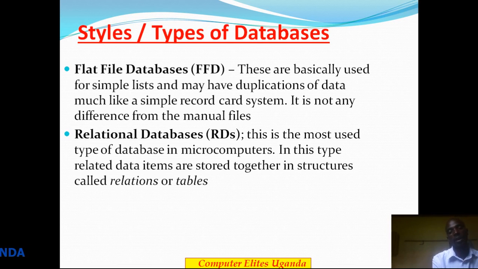For example, we can create a table for the male students and all the male employees as different tables. Then you can relate those two tables to form what we call a relationship. So that is another type of database called relational database.